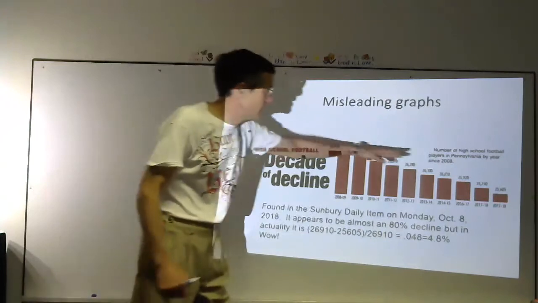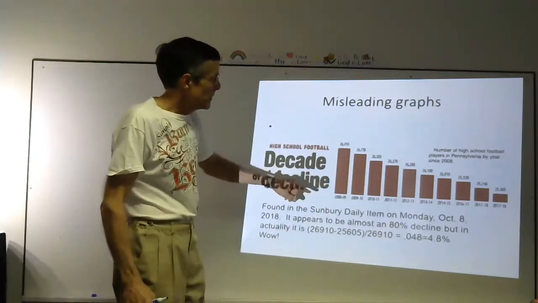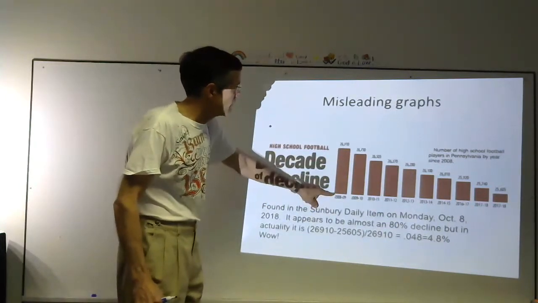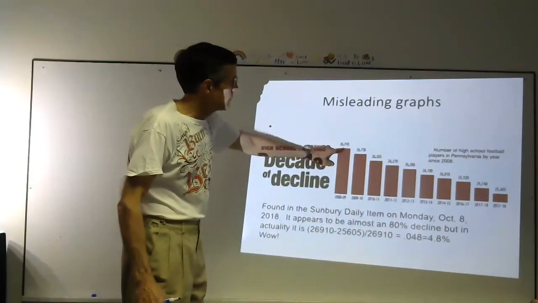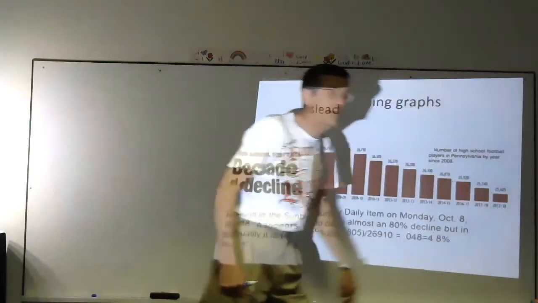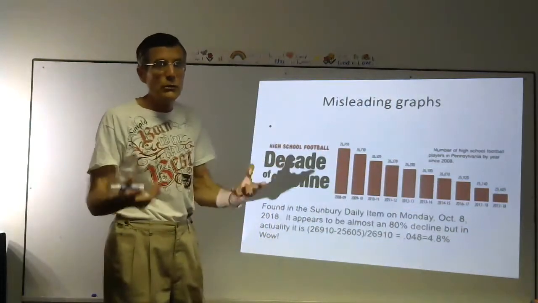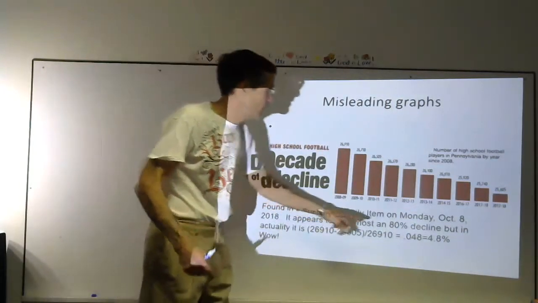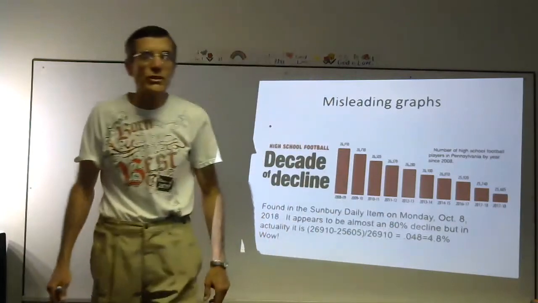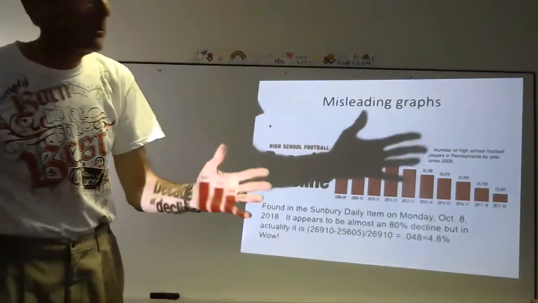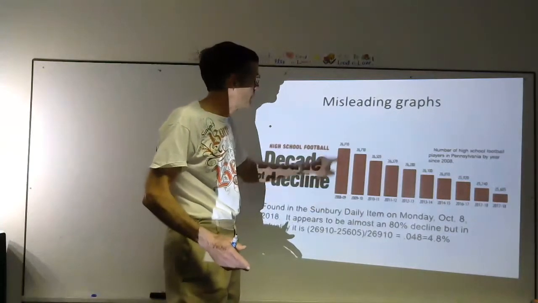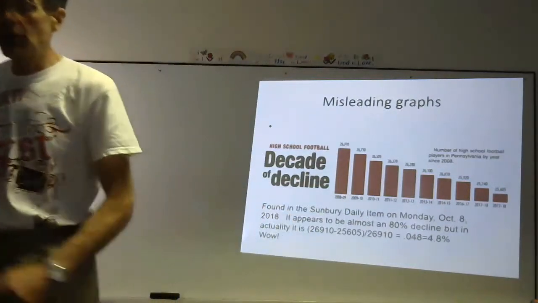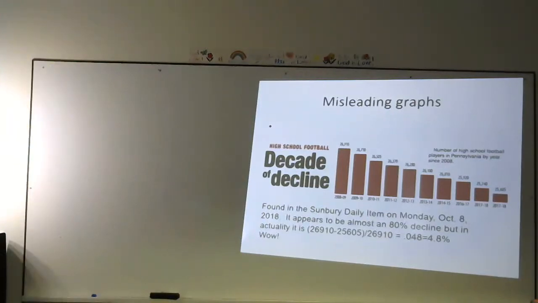And it looks horrendous. But notice, this is not starting at 0 and going up to 26,000. It really only goes from 26,900 to 25,600. If you do the math, it's only about a 4.8% decline. Extremely misleading to not have it go from 0 up to the total. Okay?